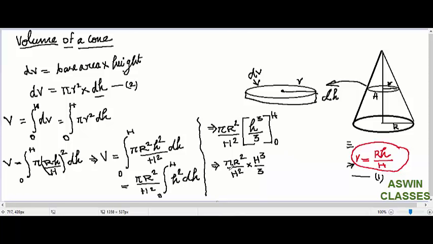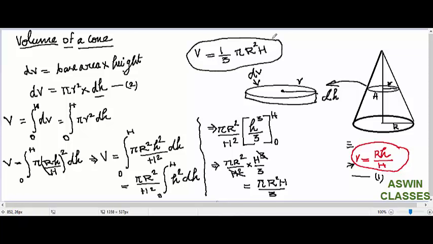So cancelling H square and H cube, you will get pi R square H by 3. So the volume of the cone is V equal to 1 by 3 pi R square H. So the volume of any cone of radius R and height H is 1 by 3 pi R square H.